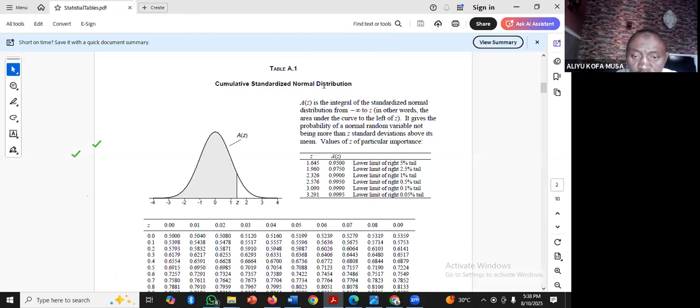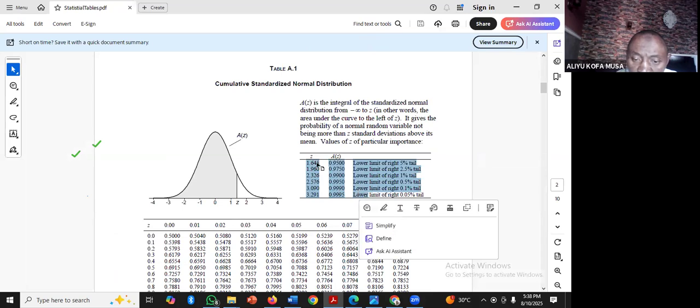Cumulative standardized normal distributions. So you can see this table here. Look at it. You can see the values. This is the z-score, and this is the alpha value. And this is what we have done. What we did for the second question is what?